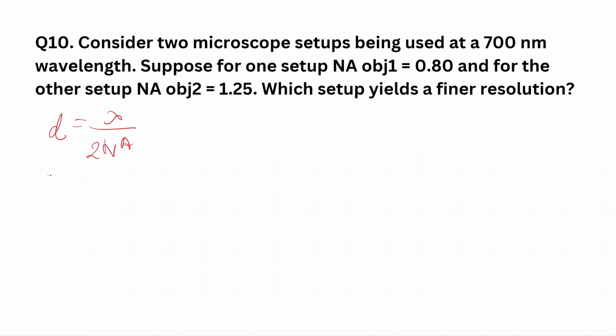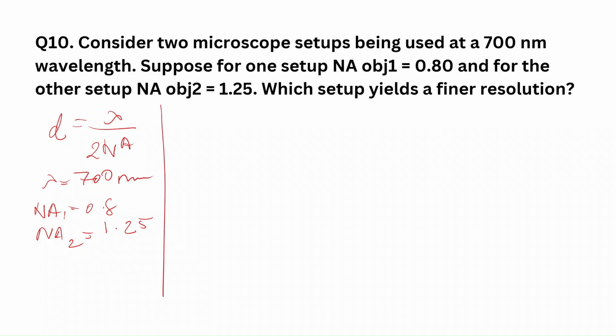It is given that lambda equals 700 nanometers, and the numerical apertures are NA1 equal to 0.8 and NA2 equal to 1.25. So we have to calculate the resolution of both setups.